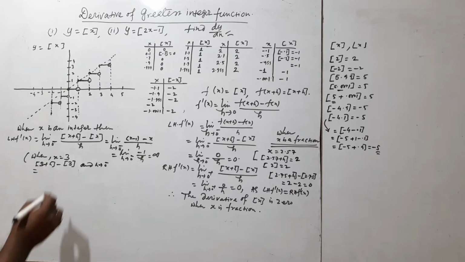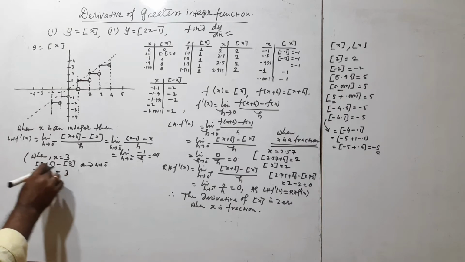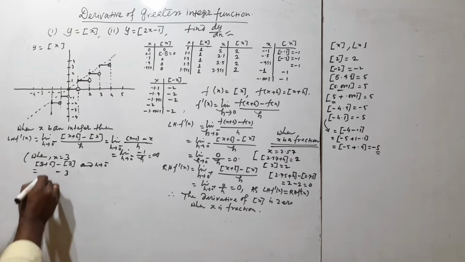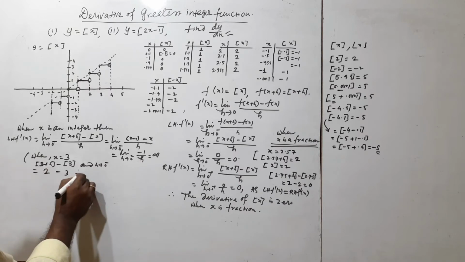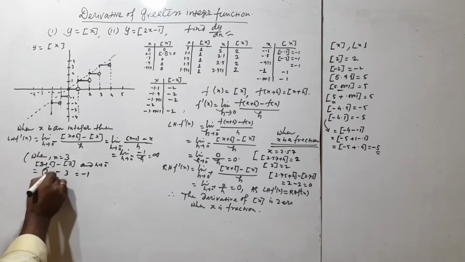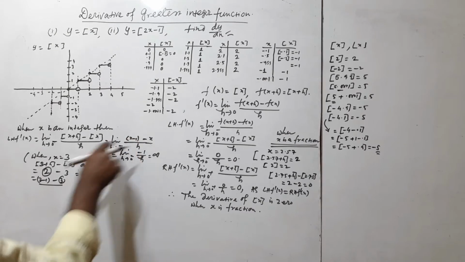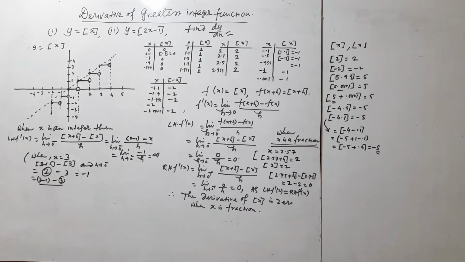So this is 3 minus something point something, so it would be 2 point something, which gives us 2, so it is a minus 1. Actually, from 2 we can write 3 minus 1 minus 3. Okay, so that's why I'm writing x minus 1 minus x, so this is minus 1. So this is the left hand derivative.